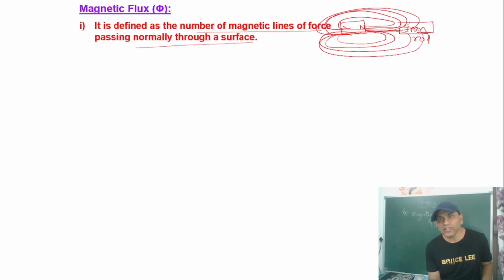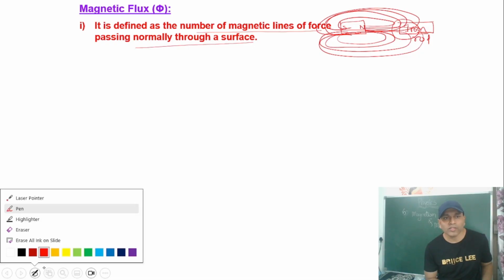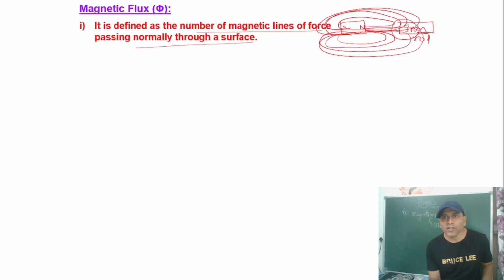So whatever this surface of the iron is experiencing, they define as the number of magnetic lines of force passing normally through a surface. So on this surface, some lines are passing, and that will be called flux. Its SI unit is Weber, and Weber per meter square is the density, what is called magnetic flux density.